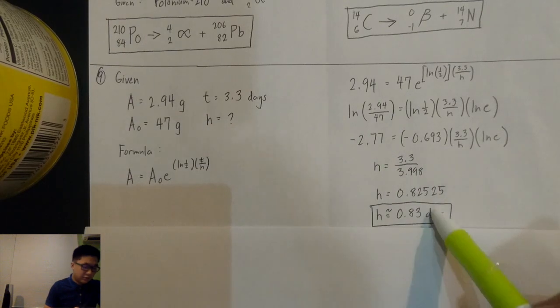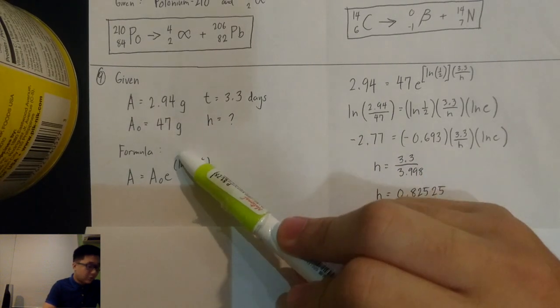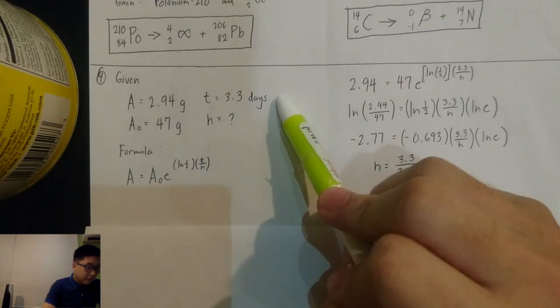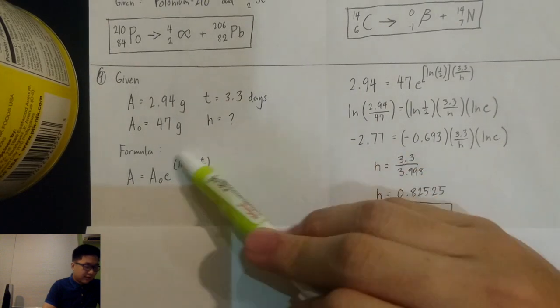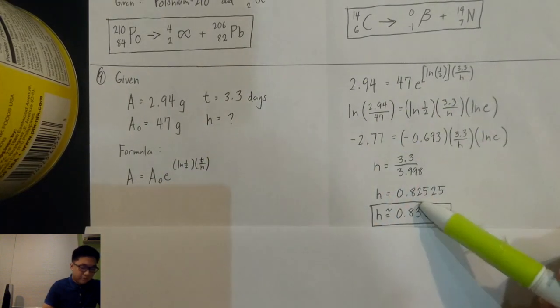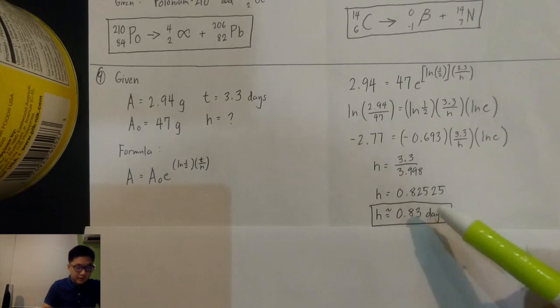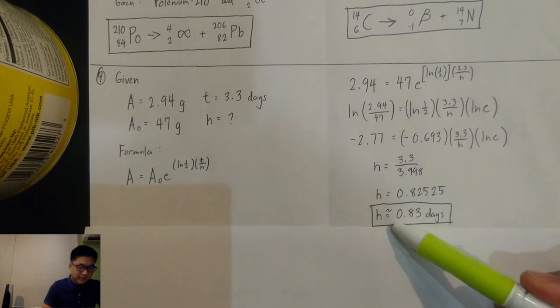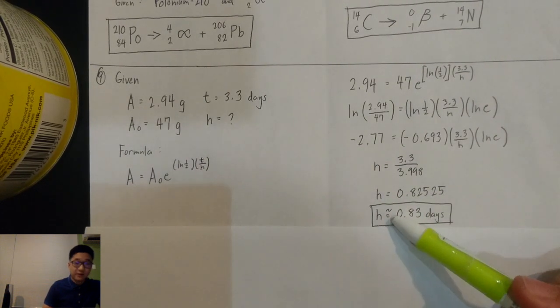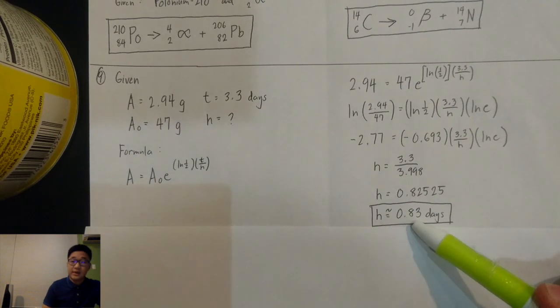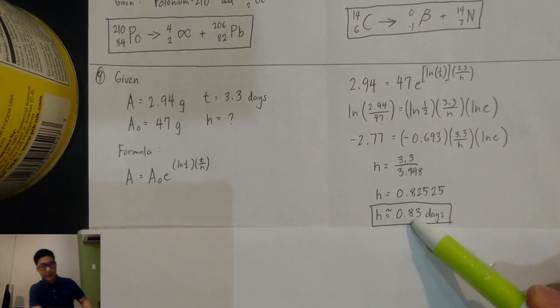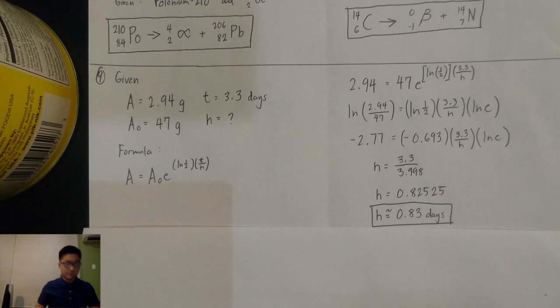So what we do is go back to the given. The lowest number of sig figs is 2, so we should only have 2 sig figs here. So what you do is round up 5, and you get that half-life is approximately equal to 0.83 days. Okay, now we're down to the last number.